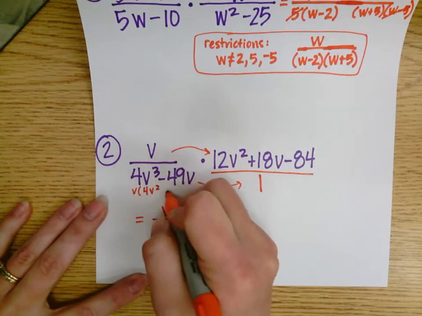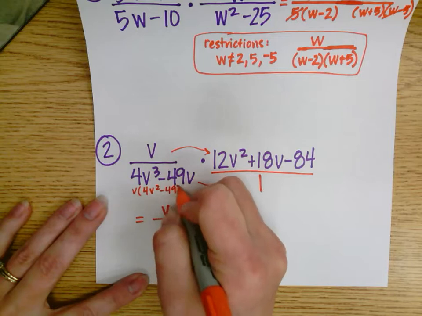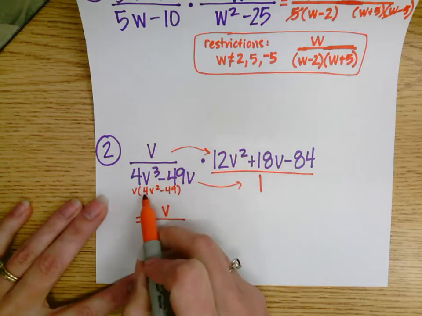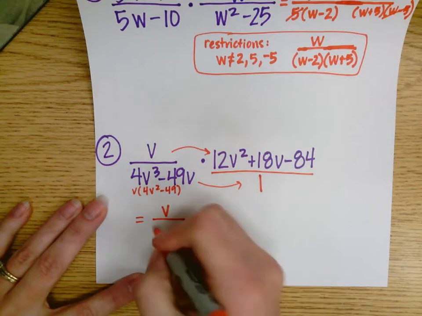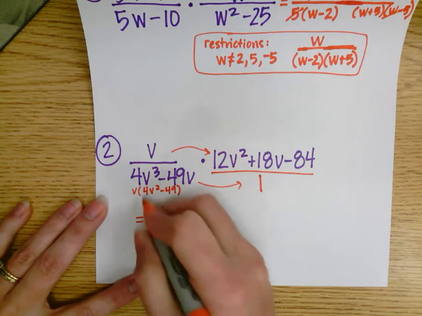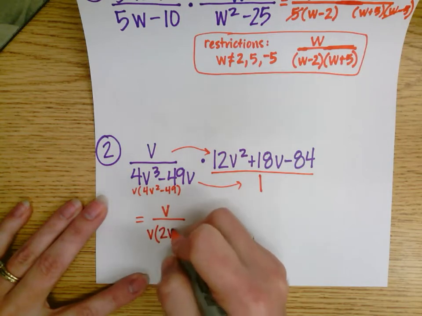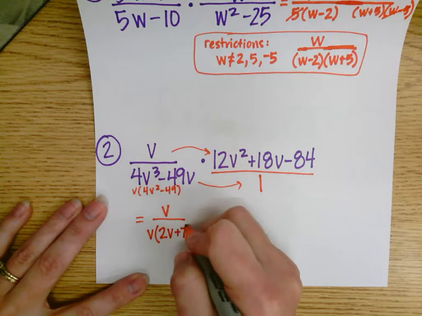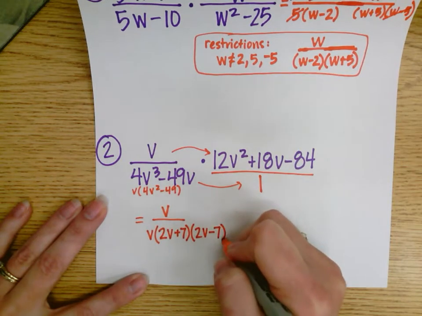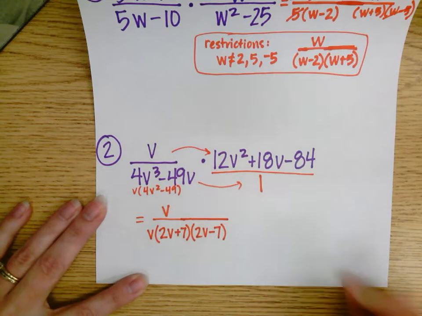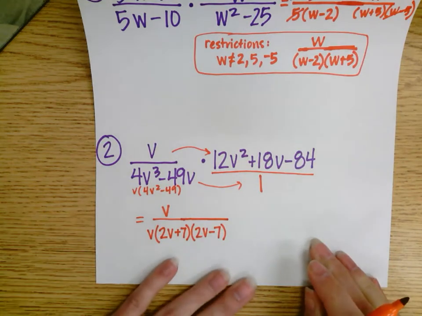4v squared minus 49. Oh, I can take the square root of 4, the square root of v squared, and the square root of 49. So this is going to be v, the square root of 4 is 2, plus the square root of 49 is 7, and then 2v minus 7. So you've got to know all of your factoring techniques and be good at them.